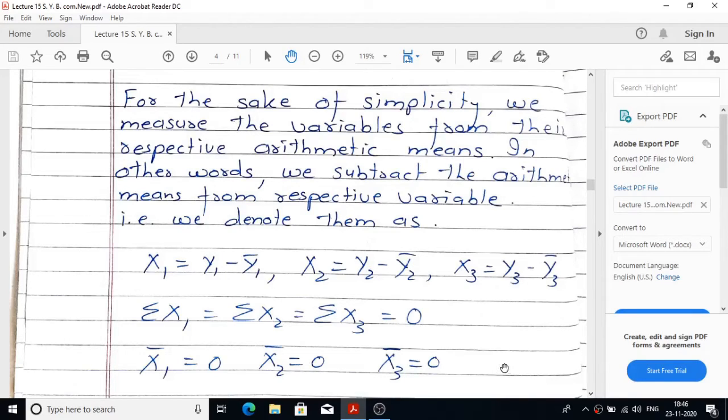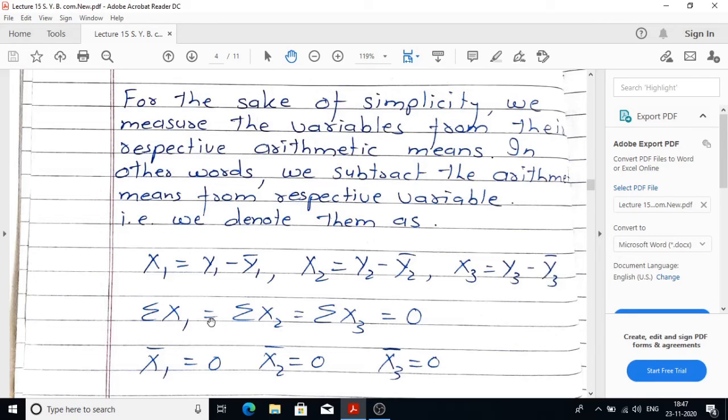For the sake of simplicity, we measure the variables from their respective arithmetic means. In other words, we subtract the arithmetic means from the respective variables. That is, we denote x1 = y1 minus y1 bar, x2 = y2 minus y2 bar, and x3 = y3 minus y3 bar.